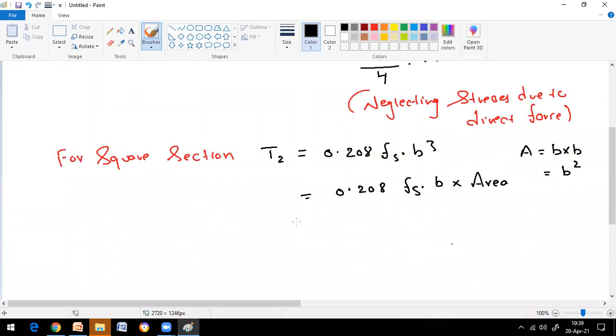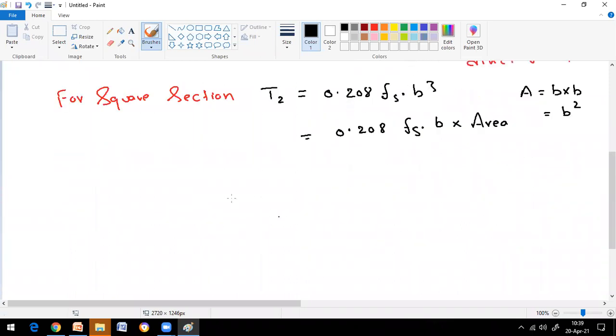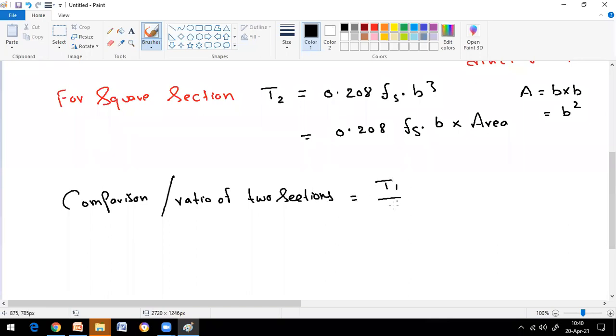Clear? So now finally, let's write the comparison or ratio of the two sections. T1 by T2 is equal to, what is the value of T1?